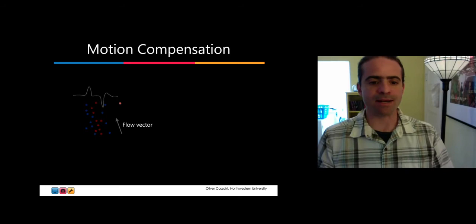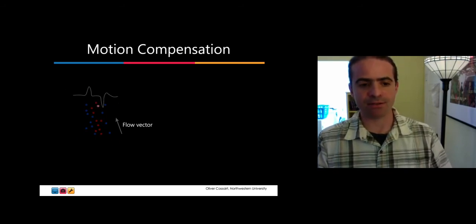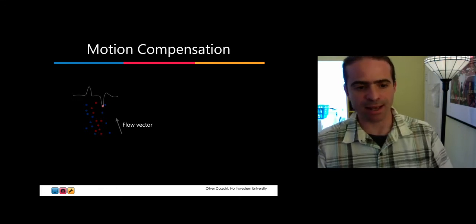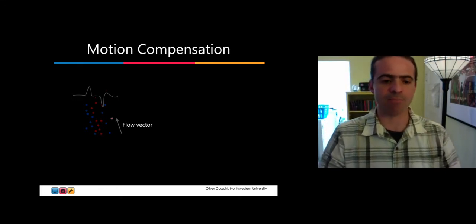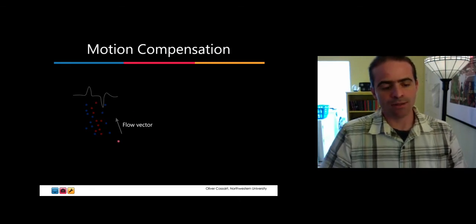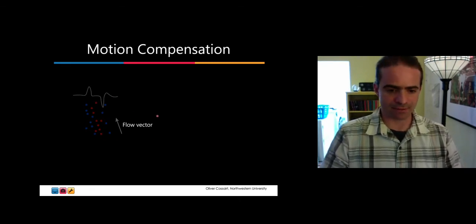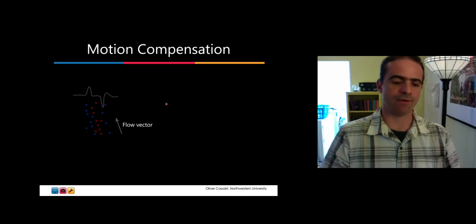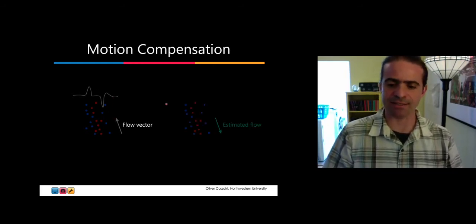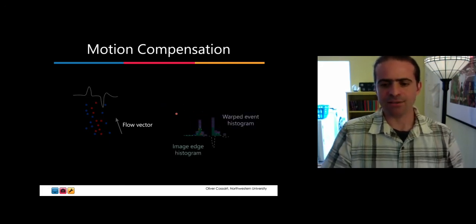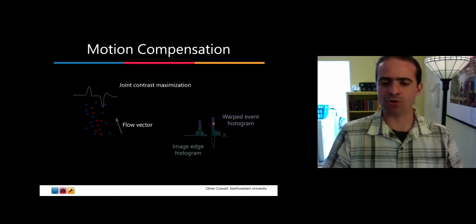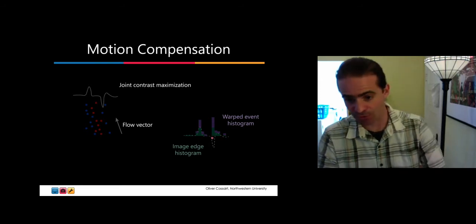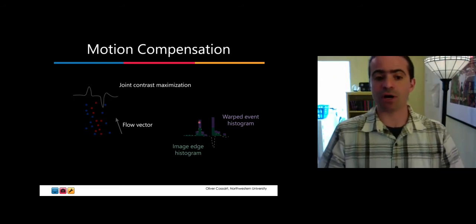So this is the main idea here. We have some events, and suppose that we have a patch of intensity that has some constancy in brightness in terms of time, but it has some flow. This is going to fire off some series of events based on the flow motion of this patch of intensity in our scene. If we had some notion of what that motion was, and then we projected the events back along that line, we would get a histogram of events that were binned together, essentially producing an event frame that has really good contrast.